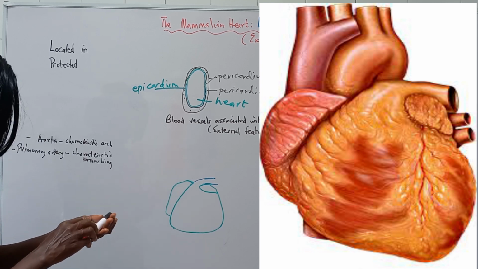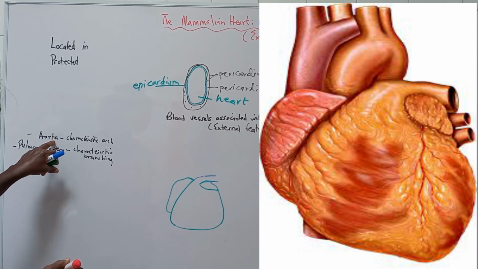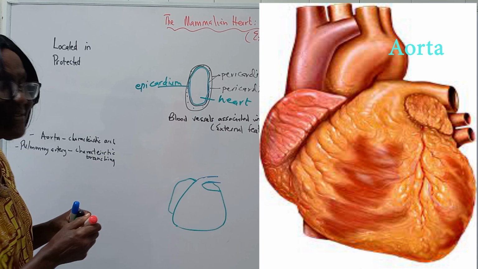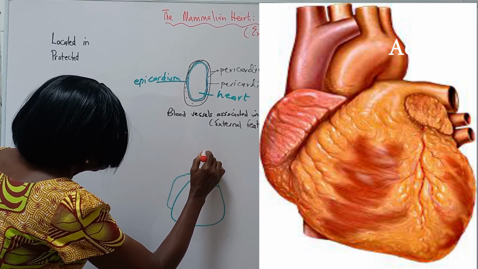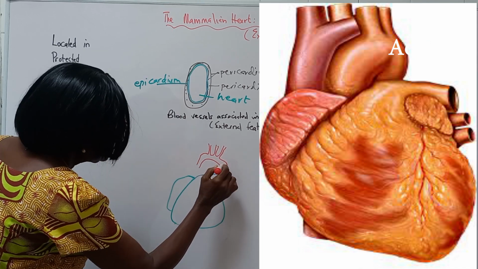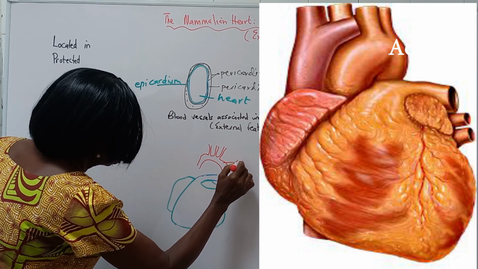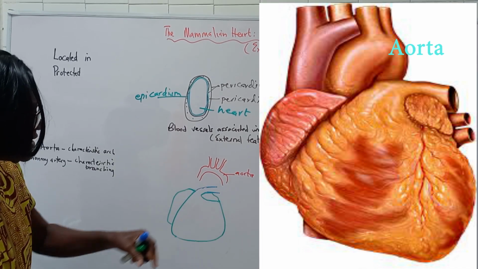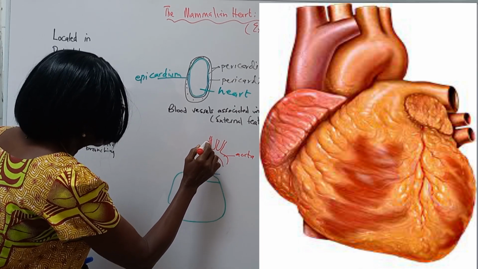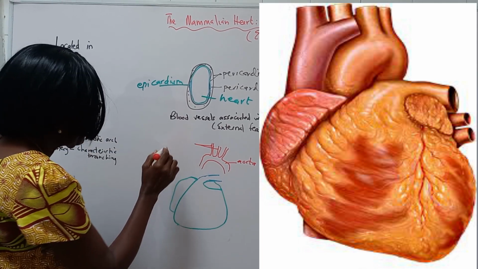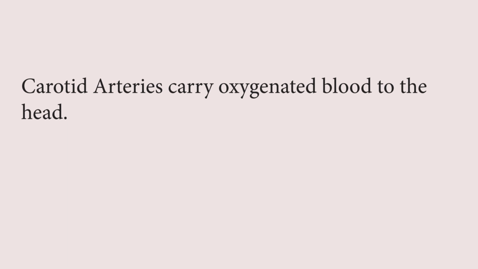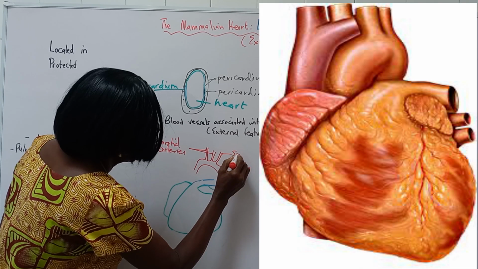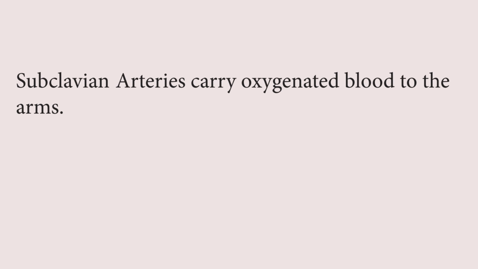Now, there's the aorta, which characteristically forms an arc. So there's a vessel that forms an arc. This is the aorta. These two vessels going up are carotid arteries, and this vessel is a subclavian artery, a blood vessel going to the arm.